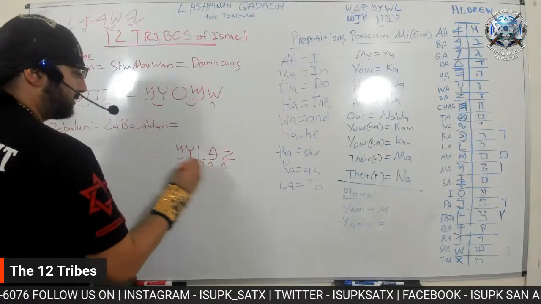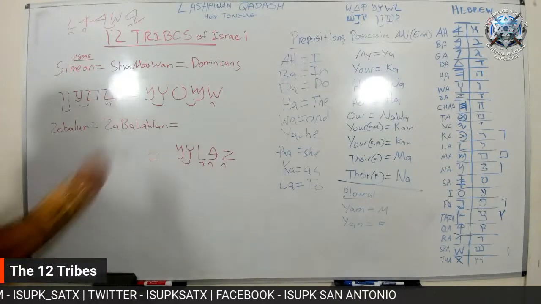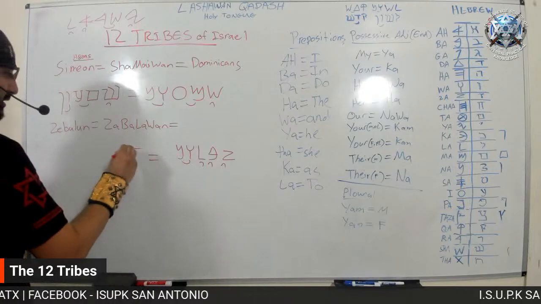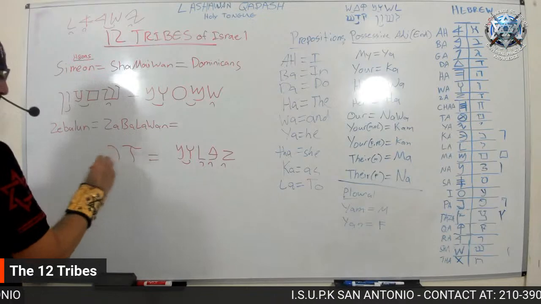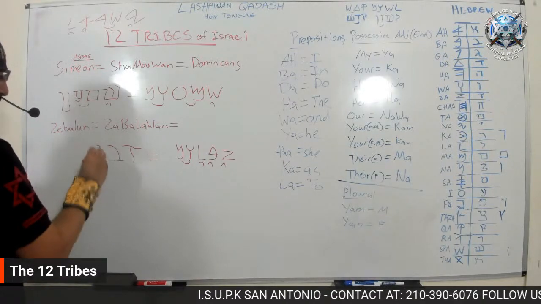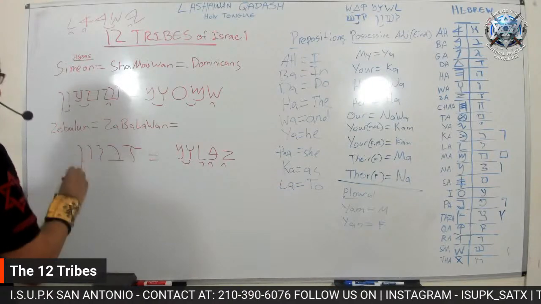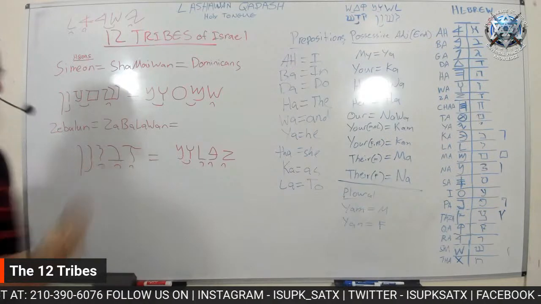Za, ba, la, wan. We join those together. Now in the Assyrian, the za looks like this, and then ba looks like this. La, wan. Same rule here, right? Za, ba, la, wan.